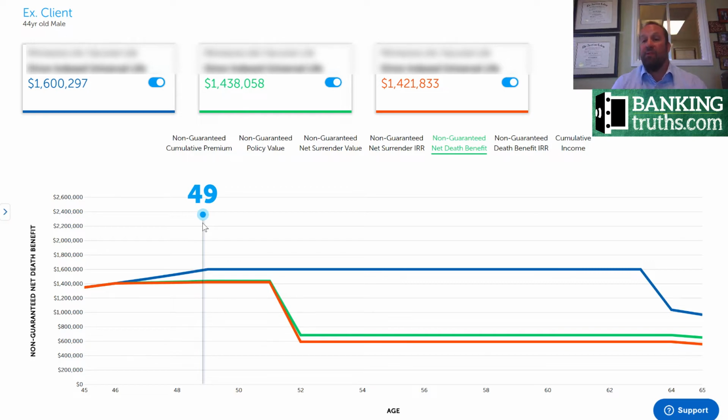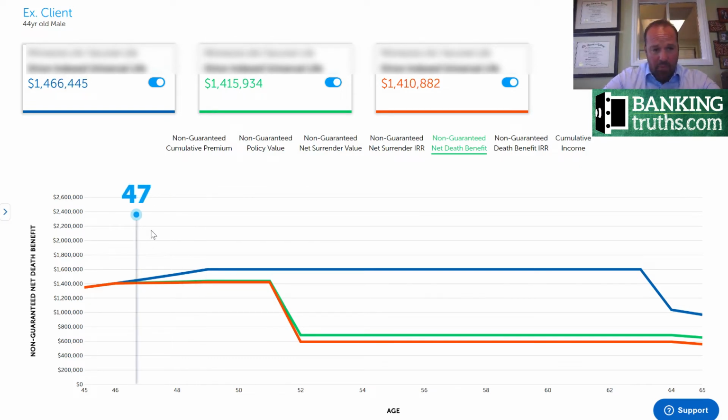Obviously, with more premiums going in, the death benefit and the cash value are growing in tandem. But when we light fund these, it's hard to see the green behind the orange here, but the 2 are in tandem. The death benefit stays relatively flat after that 60, and then after the 7th year, we just squash the death benefit to the lowest level possible.